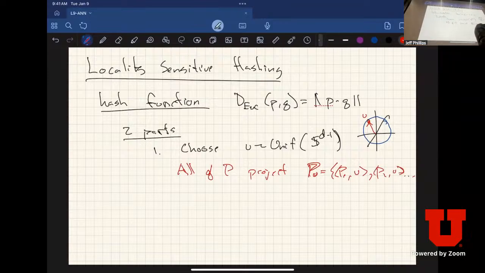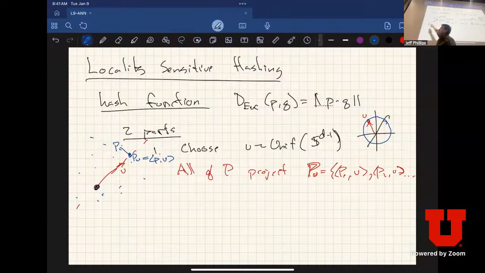I've got this direction U, and I've got all these points. This was the origin, and I've got this line through here, and all of these points are projected onto it. So if this is P, then this is P sub U, P dot U. It gives me a one-dimensional representation along the direction U.